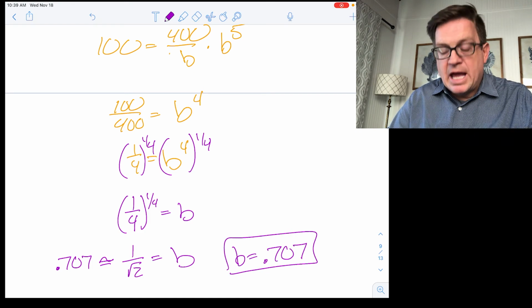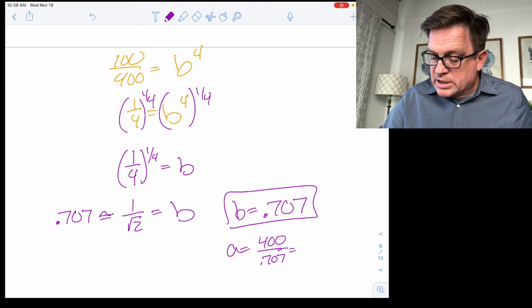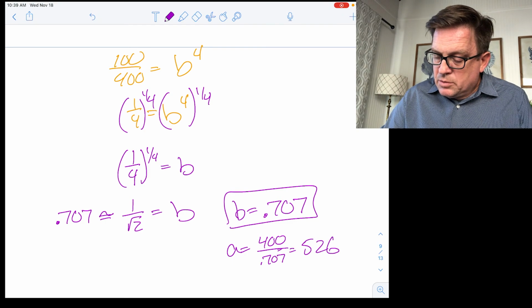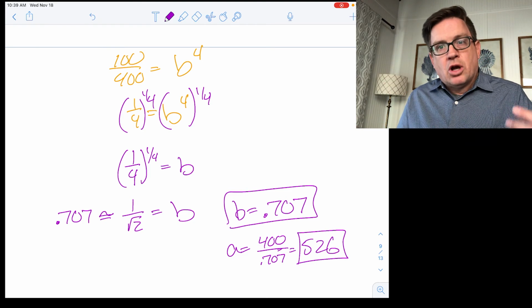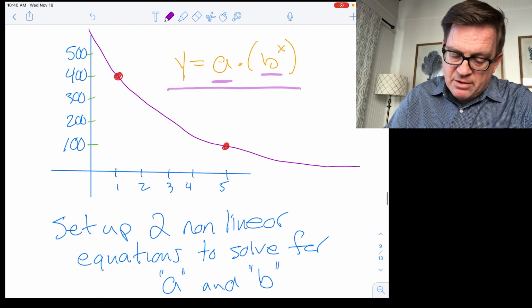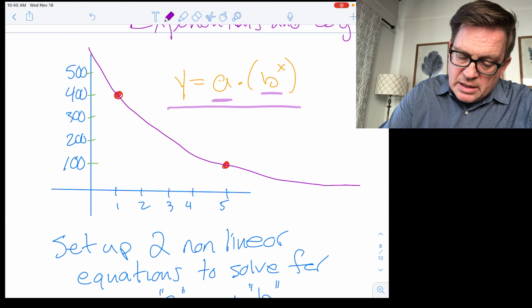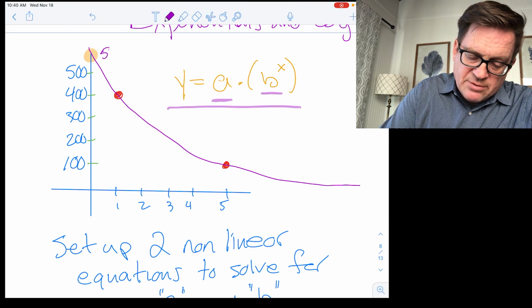And then we can find A. A was supposed to be 400 over 0.707, and that comes out to, I think, 526, or close to that. So if you go back to our graph, that means that the y value is going to be up here around 526 or so.